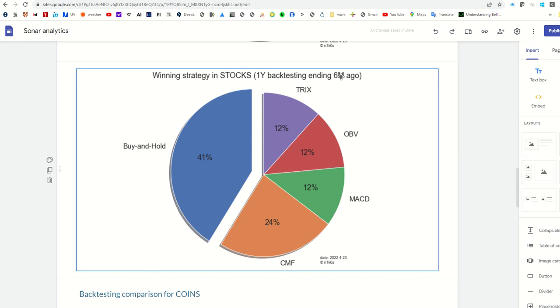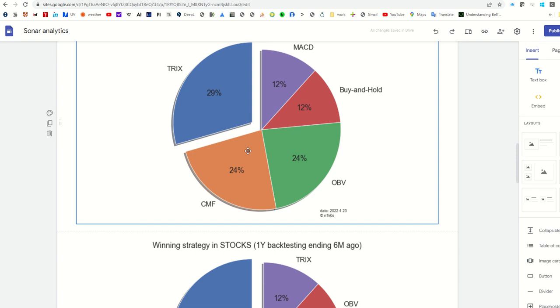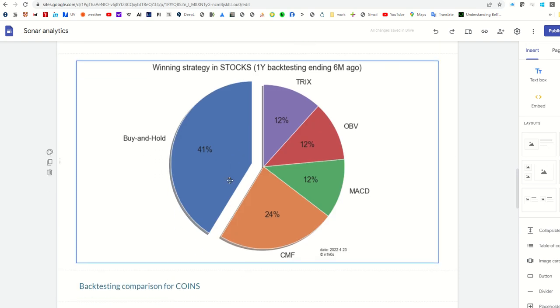If we would have done it in the past, ending everything 6 months ago, we see that buy and hold was very successful, but Chaikin money flow was actually giving us a similar percentage of success as we would have had today. That's interesting.